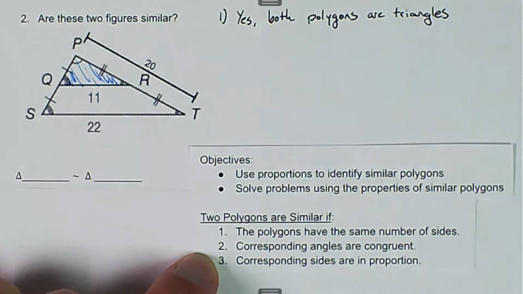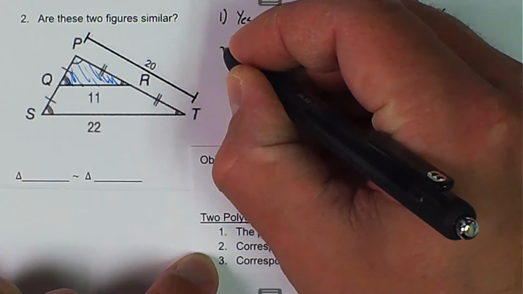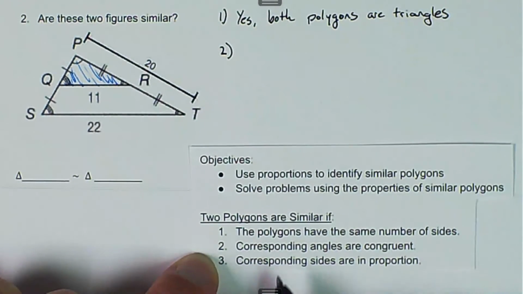Next thing we need to check are for the angles. So number 2, are corresponding angles congruent? So we can check that.